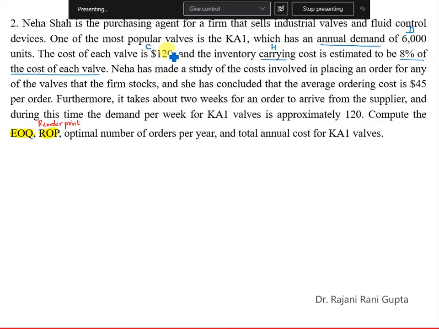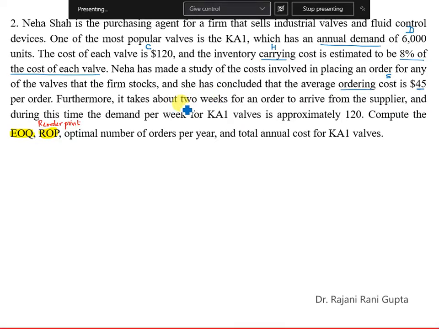Okay. Neha has made a study of the cost involved in placing an order for any of the valves that the firm stocks, and she has concluded that the average ordering cost, which is S, is $45 per order. Furthermore, it takes about 2 weeks for an order to arrive.